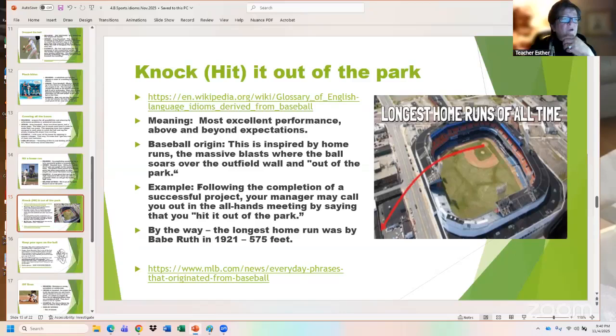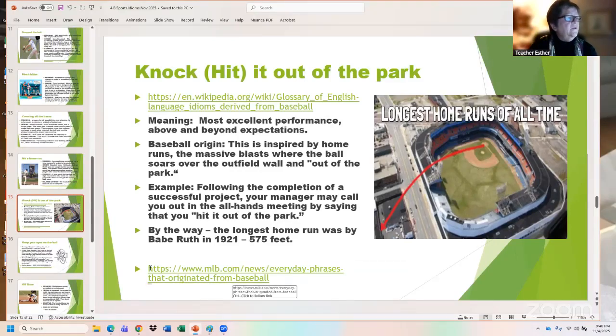An example, following the completion of a successful project, your manager may call you out in the all hands meeting by saying, "You hit that out of the park." And that's an exciting meeting where you would have a lot of clapping and people would say, "You did an awesome job," and so on.